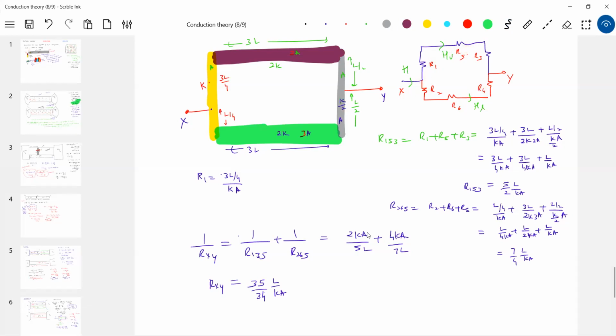HU is equal to H into the resistance of the lower part, that will be R265, by the total resistance, R153 plus R265. Similarly, the heat current flowing through the lower part is the total heat current entering the junction X, times the resistance of the upper part, R153, by the total.